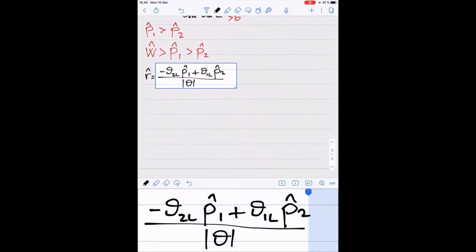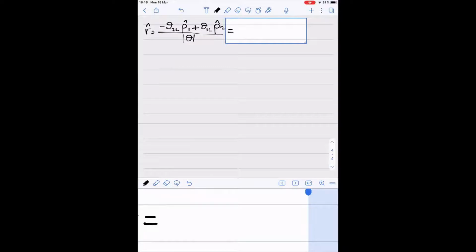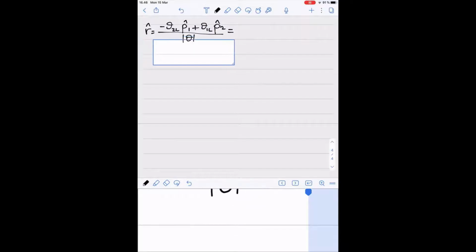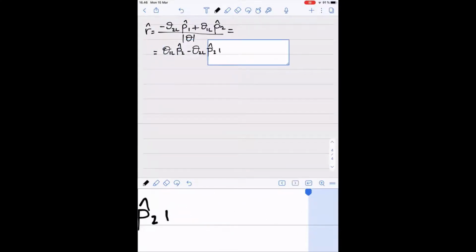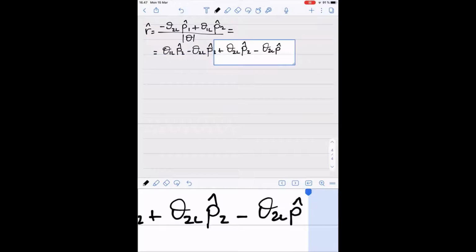Well, in this case, we're going to isolate p hat 2. I'm going to write the determinant as a function of theta 1L and theta 2L. So what we have is that r hat equals theta 1L p hat 2 minus theta 2L p hat 2 plus theta 2L p hat 2 minus theta 2L p hat 1.